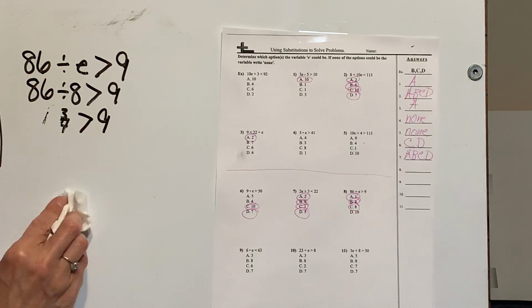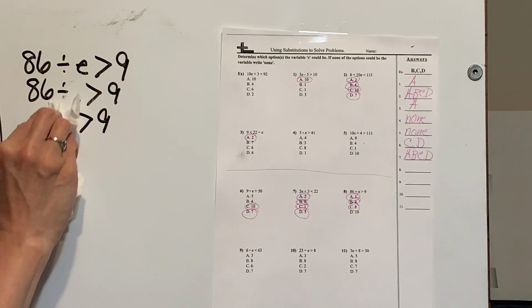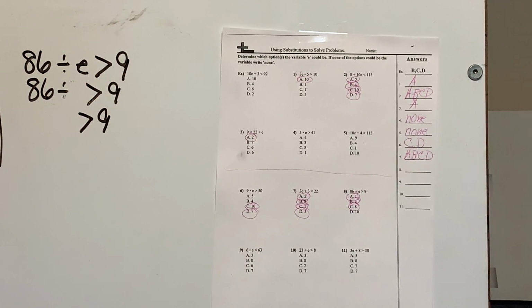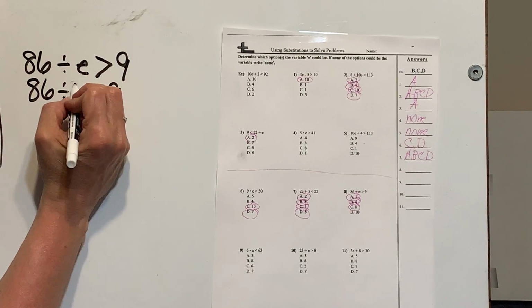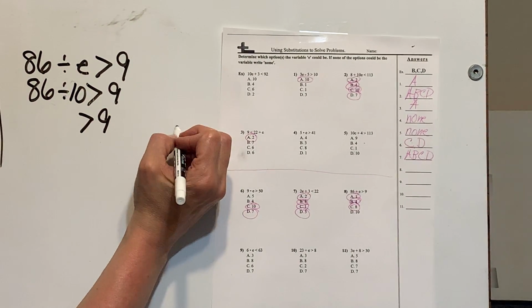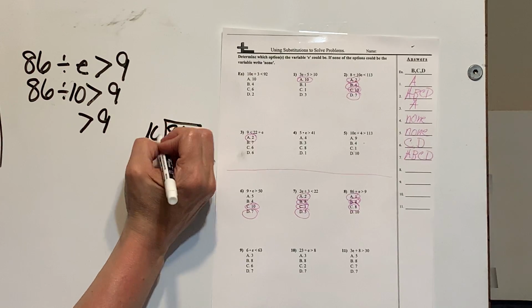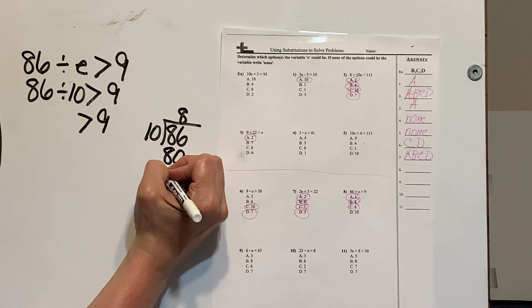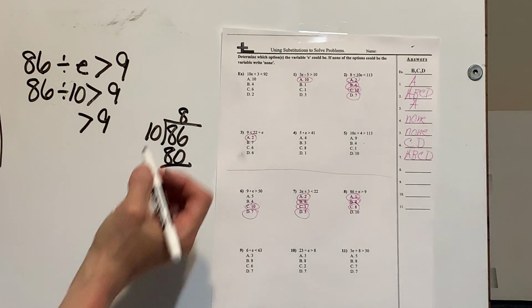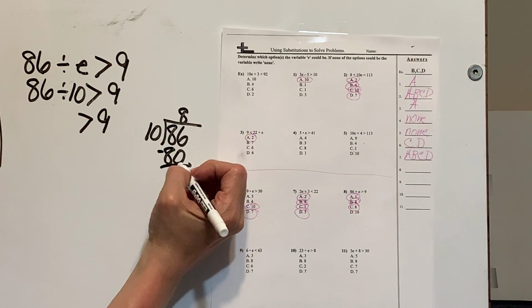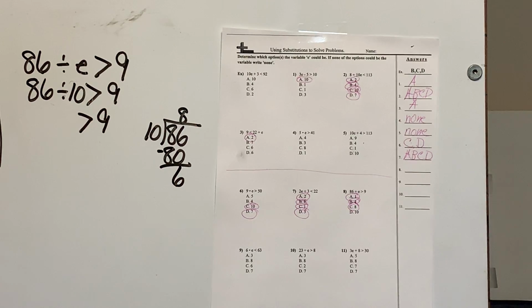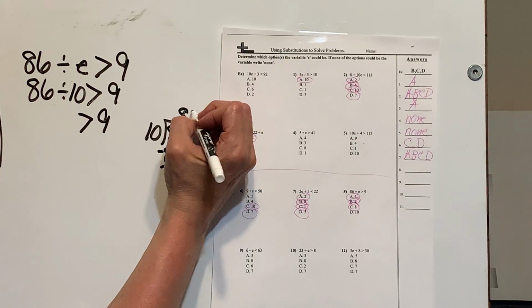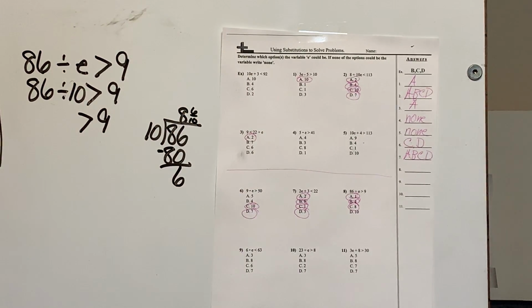All right, my last number to plug in is 10. Remember, we just talked about 10, but we talked about it in the opposite way. So if we have 86 divided by 10, I know that we have 8 because 8 times 10 is 80. And if I go with 9, that'd be 90 and that'd be too much. So 86 minus 80 is 6. And we've got 6/10.